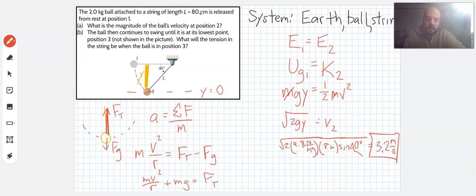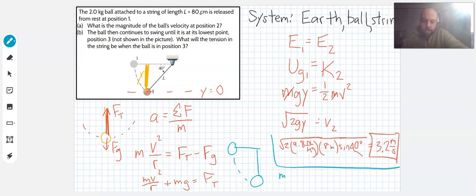What I need is the speed, because the speed at point 3 is not the same speed at point 2, because this ball is a little bit lower, and since it lost some height, it's going to have some more speed. So I'm going to redo that whole energy problem just like right here.